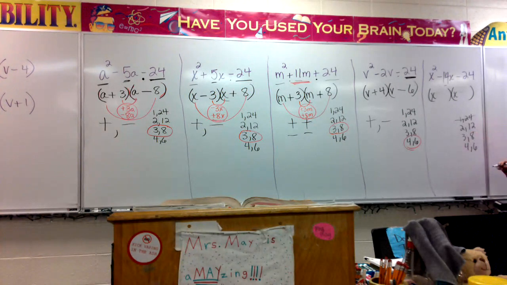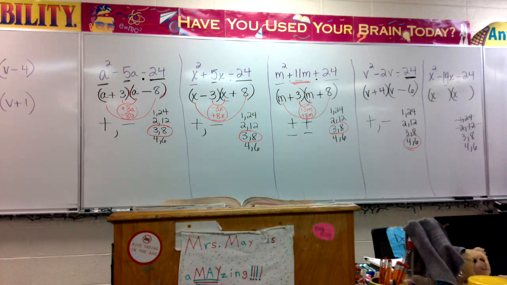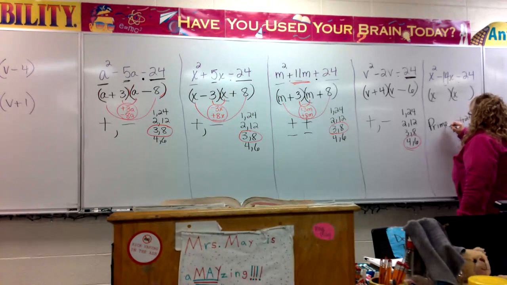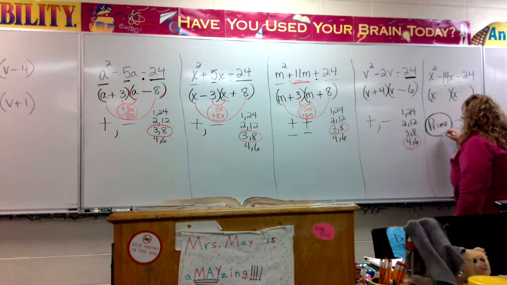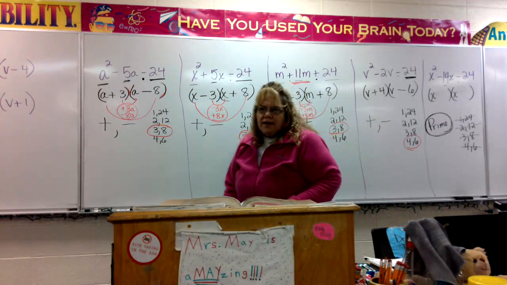What's 12 take away 2? It's 10. They don't have to add to, they need to subtract to 14. That one doesn't work. 8 take away 3 is 5. 6 take away 4 is 2. None of them work. What happens when none of them work? Prime. It's prime.